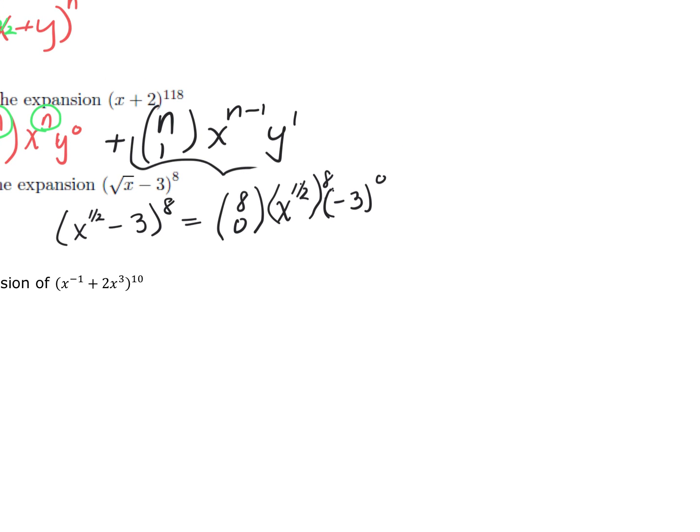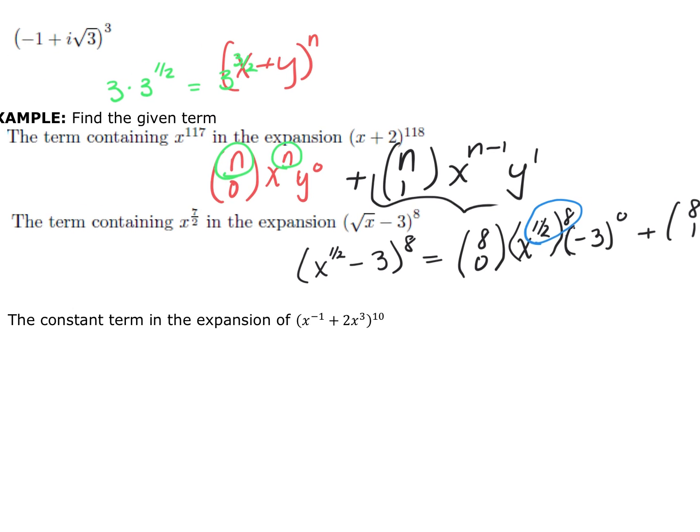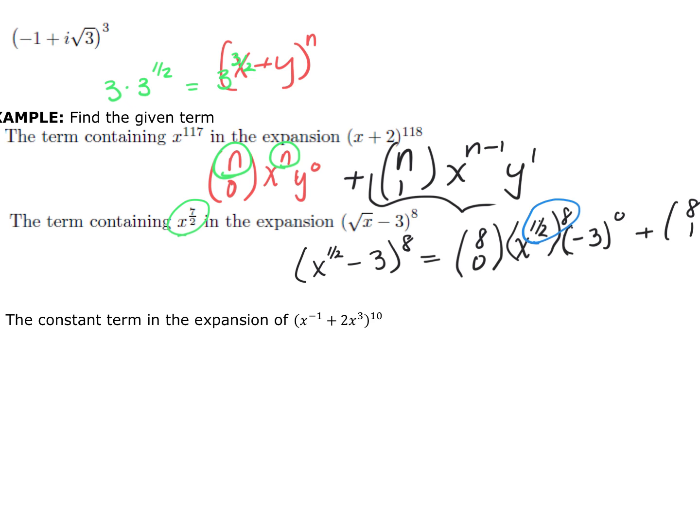That's my first term. This power to the power rule is going to be 8 over 2, which is 4. That's not the one I'm chasing. My next term is going to be 8 choose 1, x raised to the 1/2 raised to the 7, because that's 1 power less, negative 3 raised to the 1. This power to the power rule is 7 over 2. Oh, that's what I'm chasing.